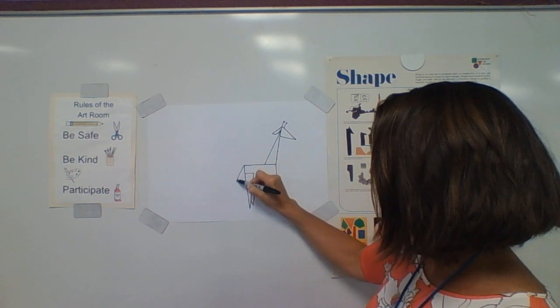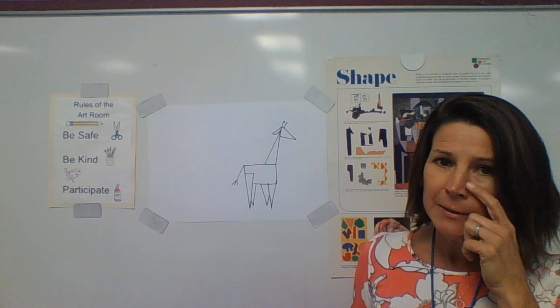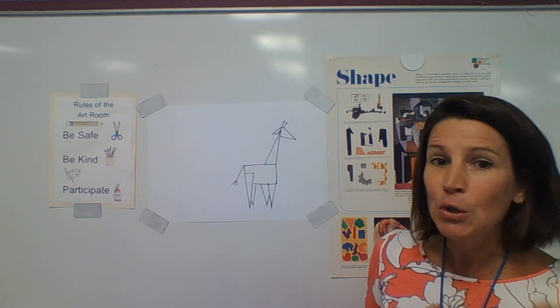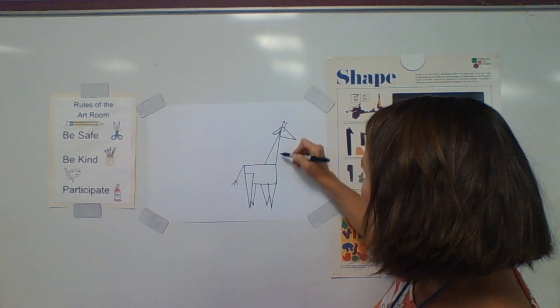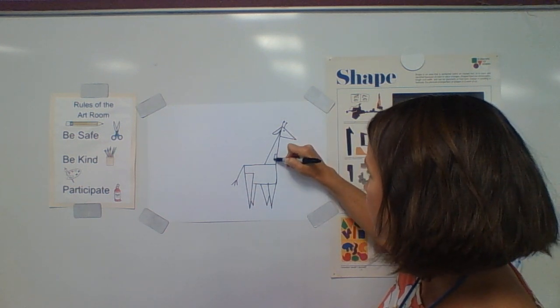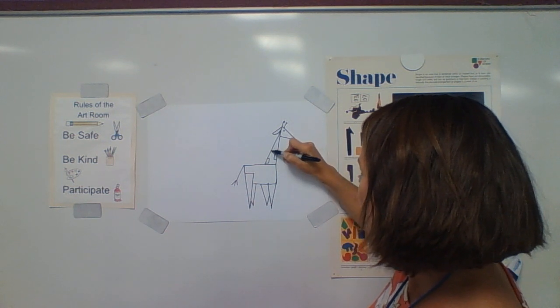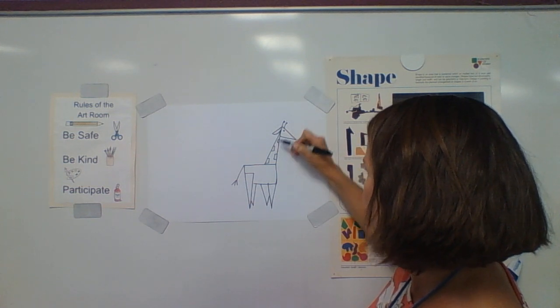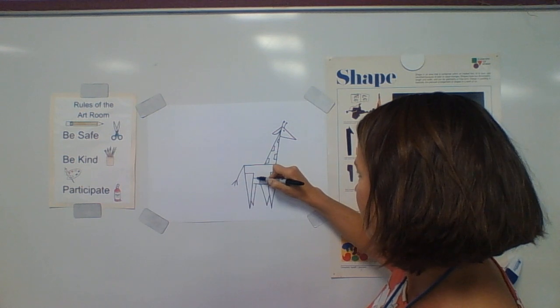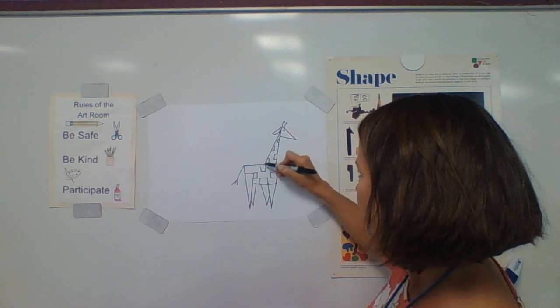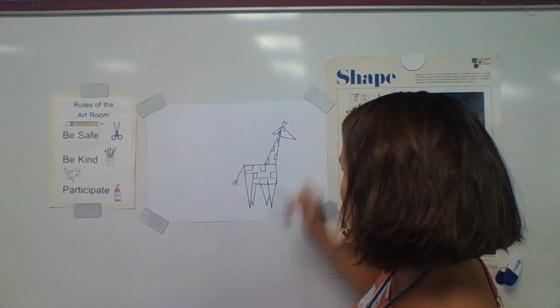Now for the tail, I'm going to do just a few lines, and then I'm going to remember a circle for the eye, and these square or rectangle patterns that make the fur of the giraffe.